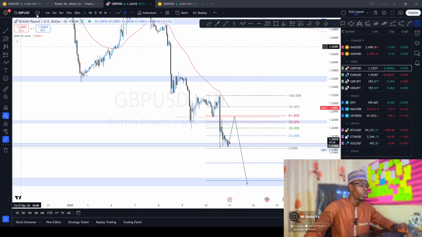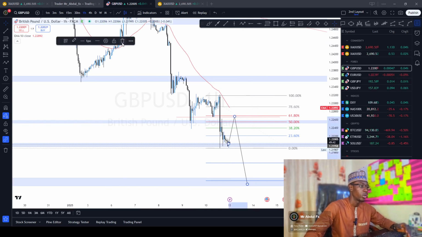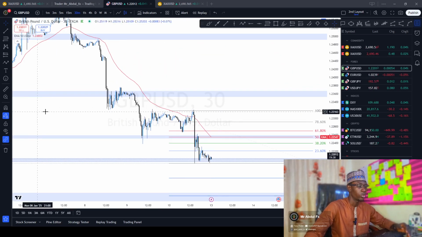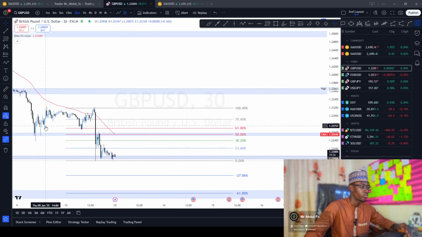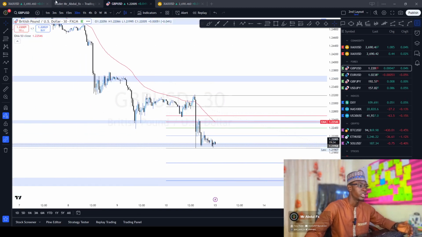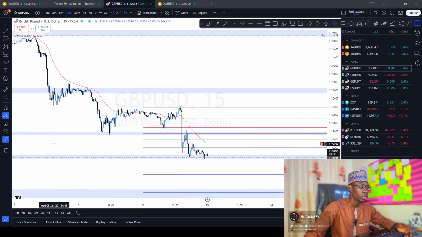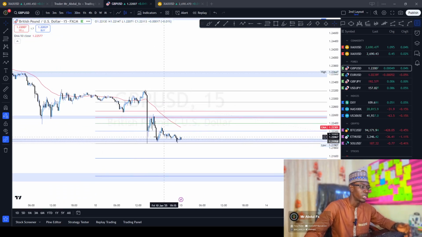And based off of the 30-minute time frame, let me delete this. Based off of this 30-minute time frame, it is basically the same thing. So let me go down to the 15-minute time frame and see. If you look at this 15-minute time frame, there is this low volume candlestick, and this is a high.